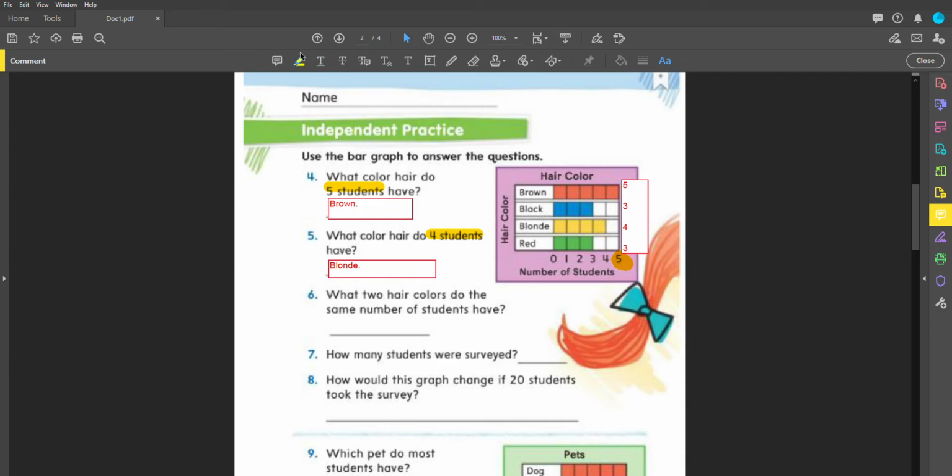Okay, what about the next? What 2 hair colors do the same number of students have? Let me see. Where do we have the same number of students? Red and black. So let's write red and black hair color.